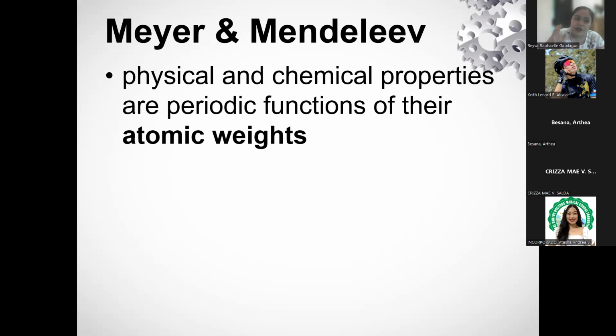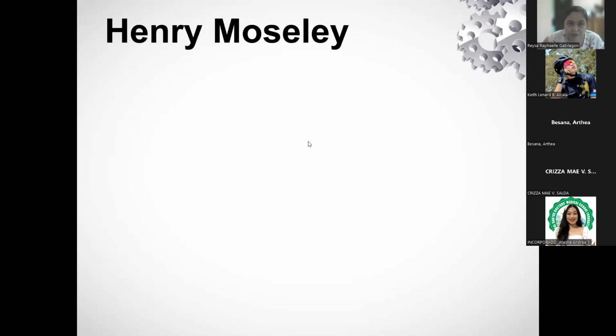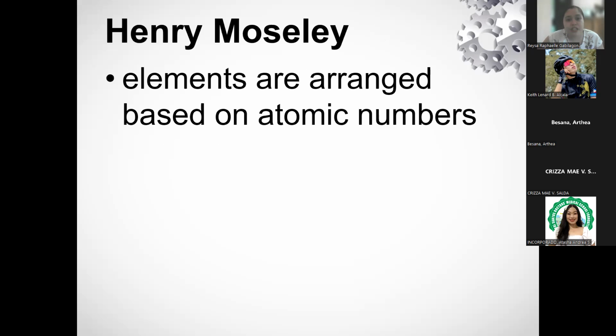That's how they grouped our elements. Accordingly, the physical and chemical properties are periodic functions of their atomic weights. But we also have a periodic table that was arranged using the atomic numbers. The atomic numbers are what was used in arranging.